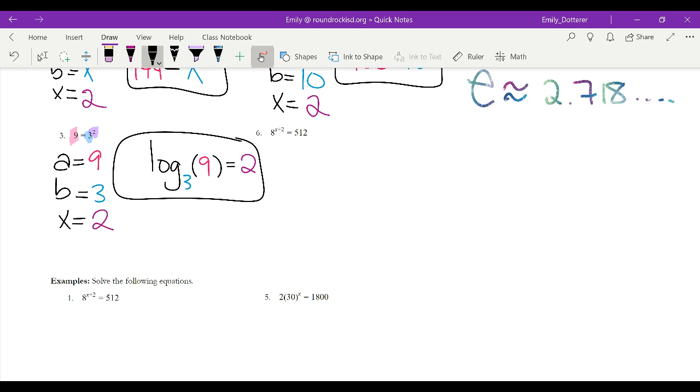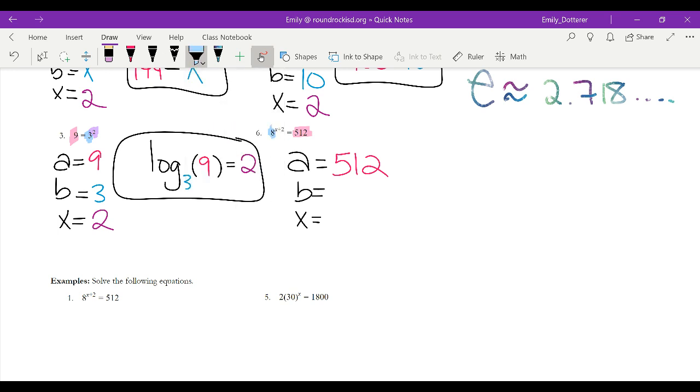Last one. So we can see in this one it's not written in the same order. It does still do the same thing. So this time A is over here on the right. When we're looking for A, we're looking for the thing on the opposite side of the exponential part. In this case, that's 512.